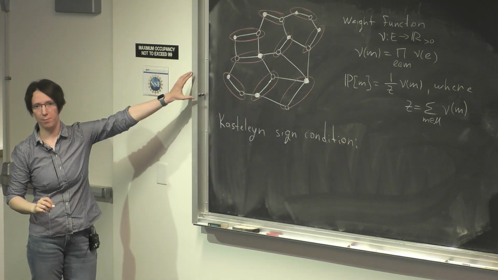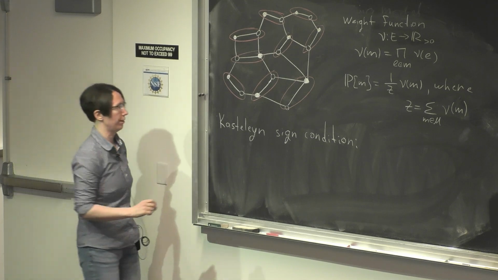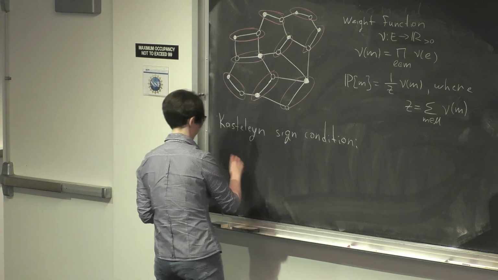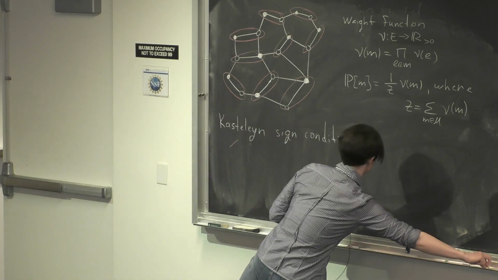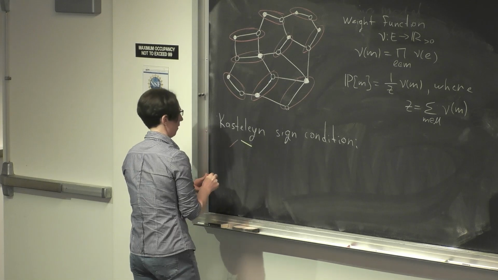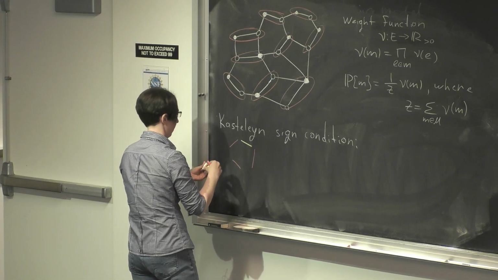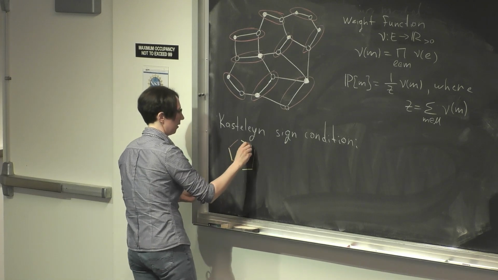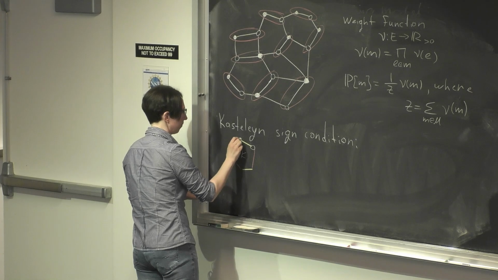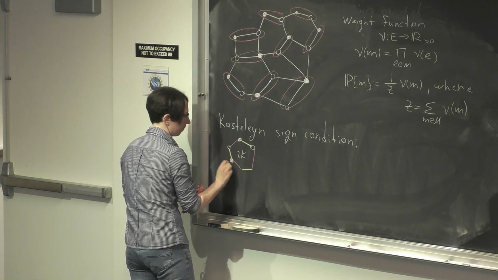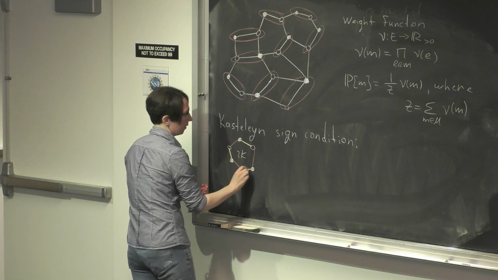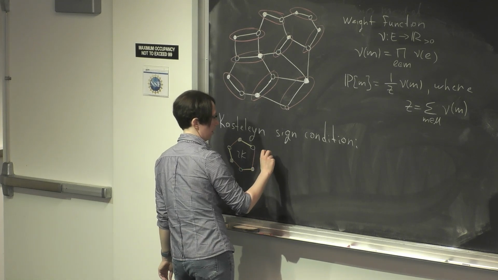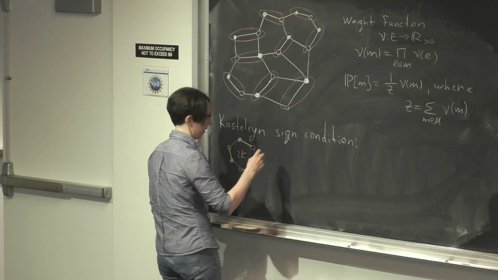Since we deal with bipartite graphs, all faces are of even degrees. So for each simple face of degree 2k, there is a choice of signs, complex signs in this setup.